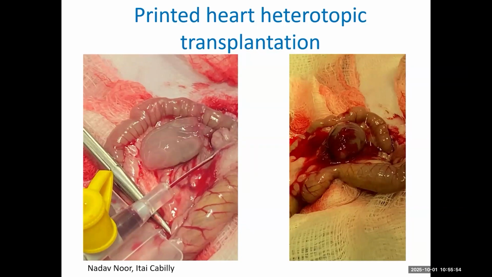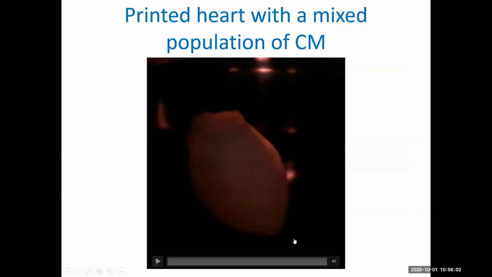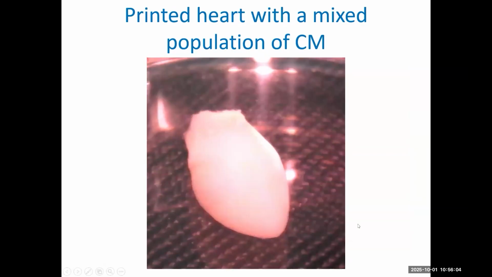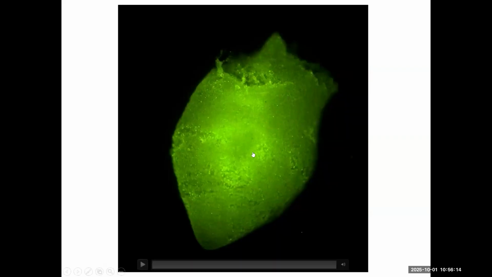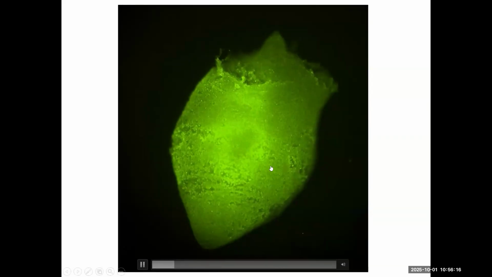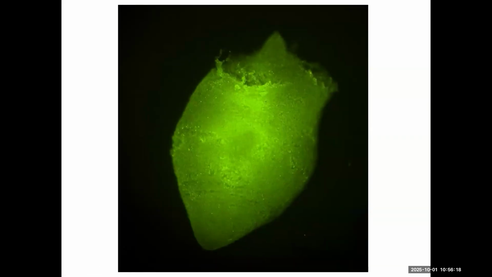We didn't want to replace the heart. We just wanted to mature these hearts inside the animal, using the animal as a bioreactor. What you can see here is what happens after 7 days in the animal: the entire heart contracts nicely when it is explanted, and you can see the electrical signal going through this heart.